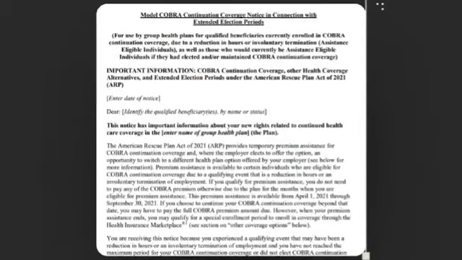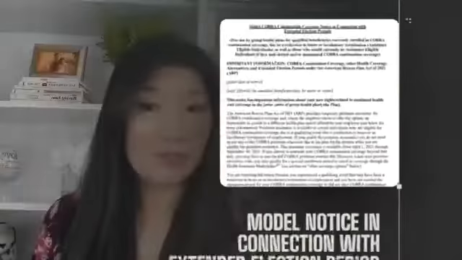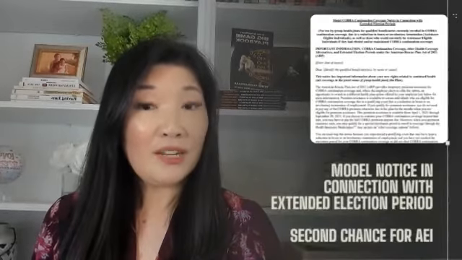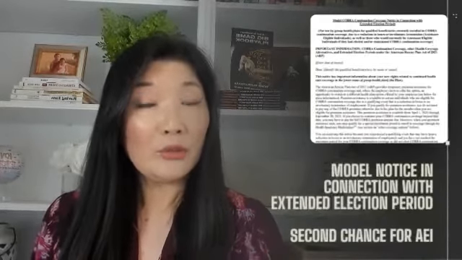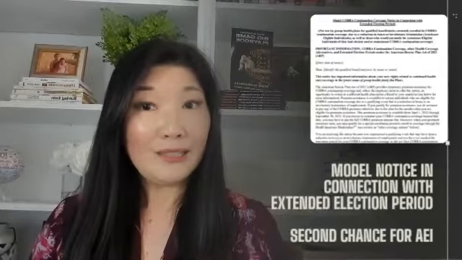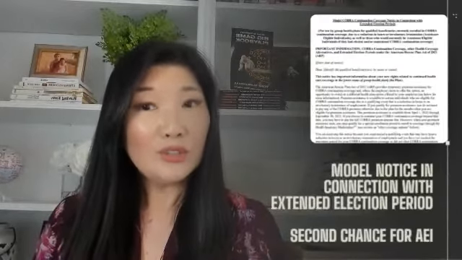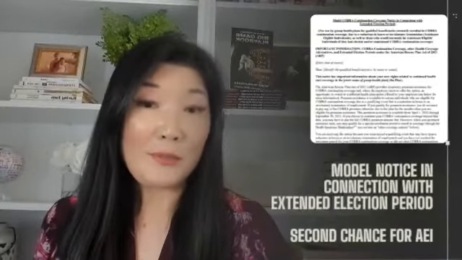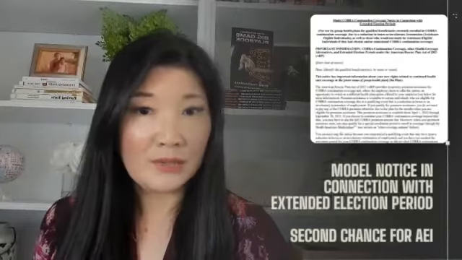So you will see some language on there that specifically says who this goes to. Keep in mind, these also need to be customized when sending these out. Again, must be provided by May 31st. Also, the recipient that receives it has 60 days to elect. Again, also called second chance. I call this COBRA Form number 2, just for simplicity purposes.